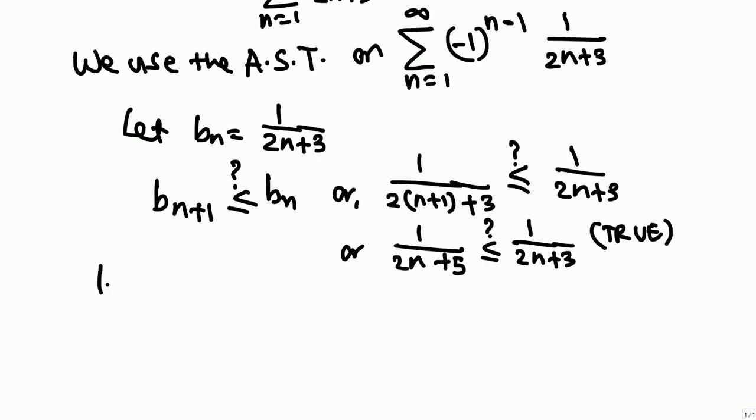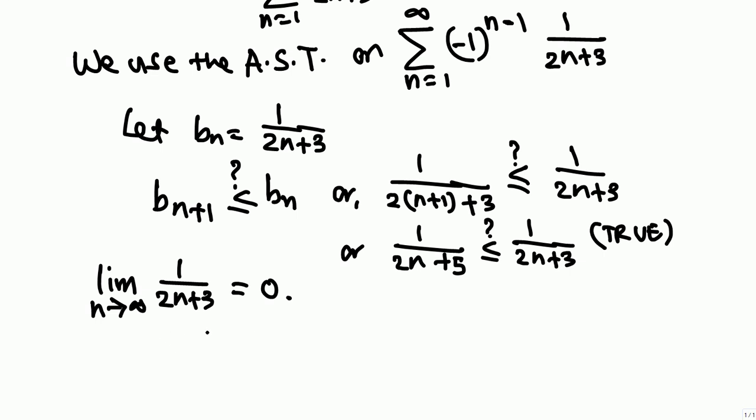Next, we need to show the limit of bn as n goes to infinity is 0, that is, they decrease to 0. When n goes to infinity, 2 times infinity is infinity, and 1 over infinity is 0. Yes, that's true as well. That means the series converges.